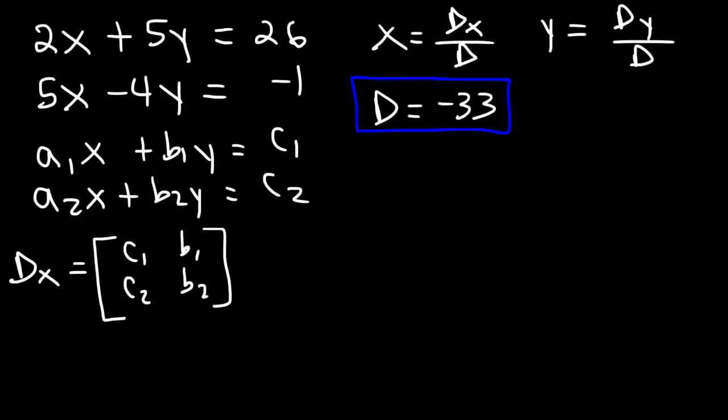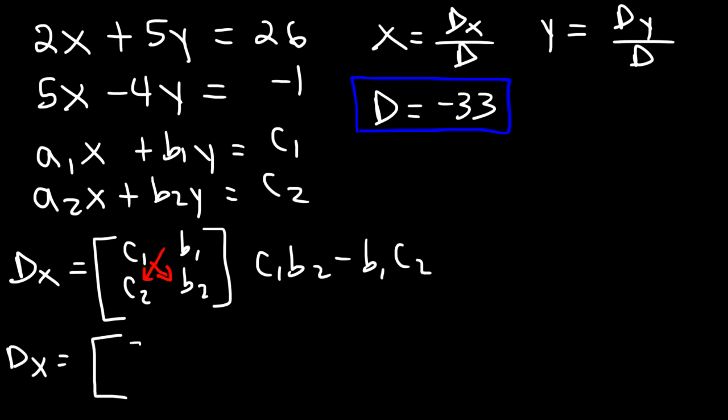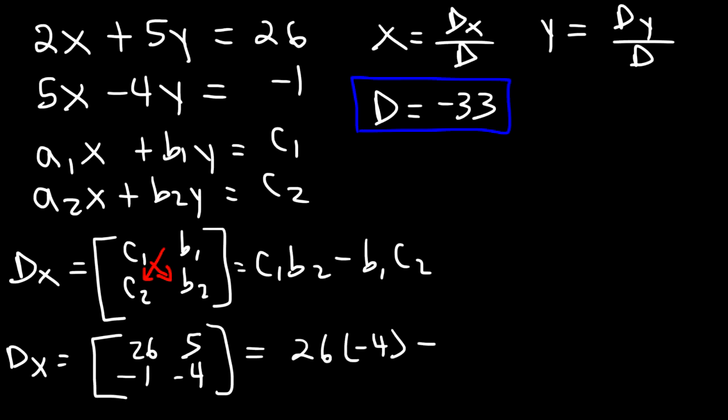So therefore, it's going to be c1 times b2 minus b1 times c2. In this problem, c1 is 26, c2 is negative 1. b1 is 5, b2 is negative 4. So it's going to be 26 times negative 4 minus 5 times negative 1.